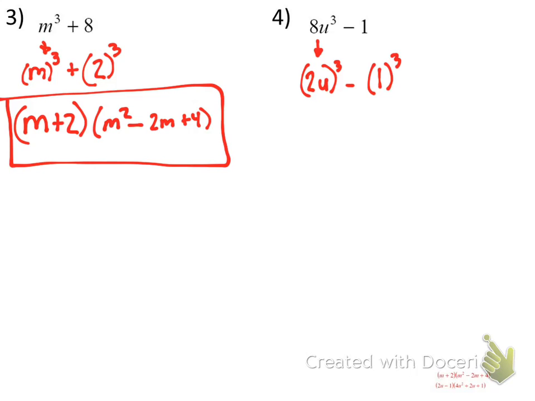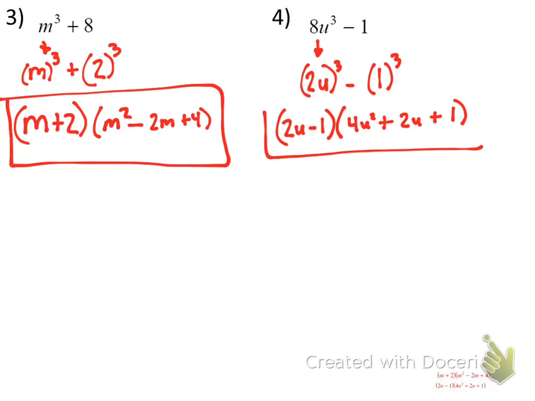There's a minus sign in the middle, so we go 2u minus 1 times the quantity of 2u squared, which is 4u squared. And we know where we have plus signs here, plus 2u times 1 is 2u, and then 1 squared, or b squared, is 1. That's it for number 4.